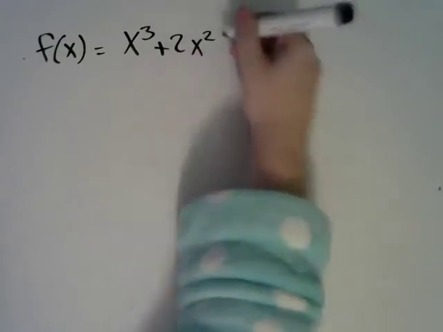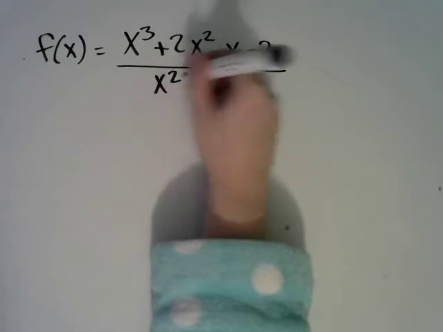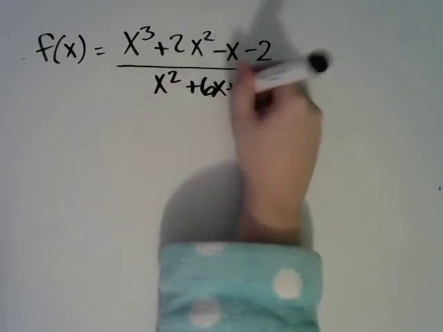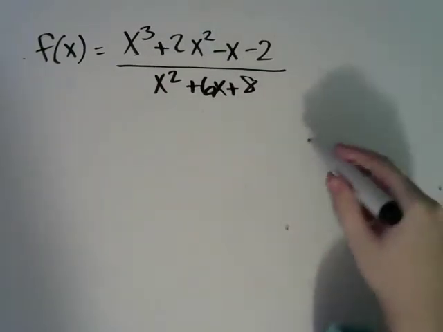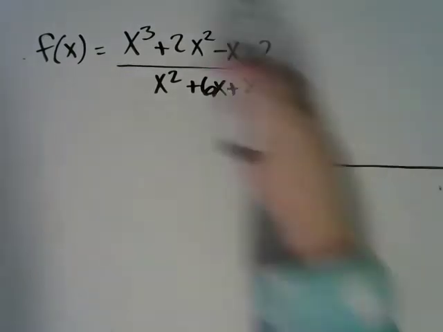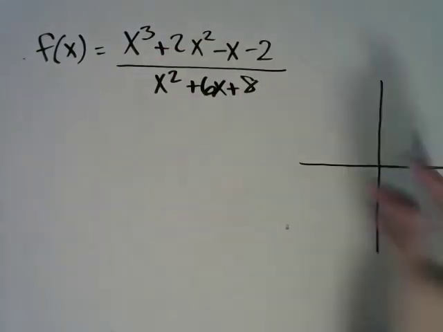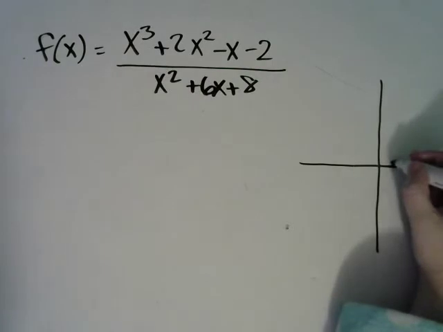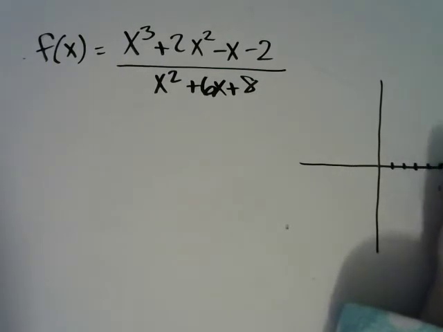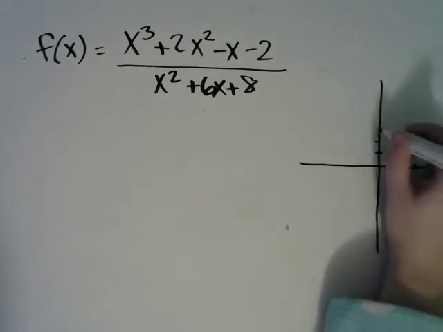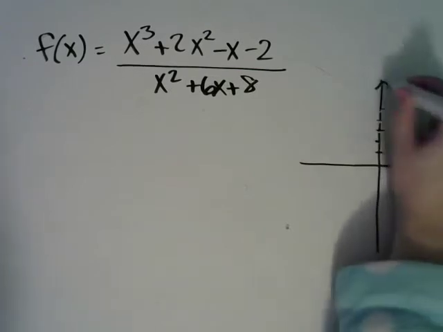And so this example is f of x equals x cubed plus 2x squared minus x minus 2, all over x squared plus 6x plus 8. While I set up my graph, go ahead and take a stab at factoring the numerator or finding the zeros of the numerator if you're not able to factor. Remember, finding the zeros is an alternative to factoring.